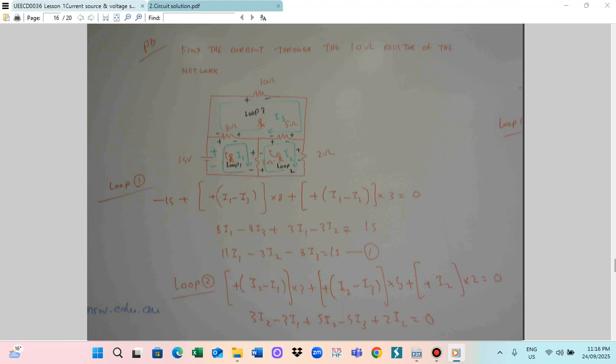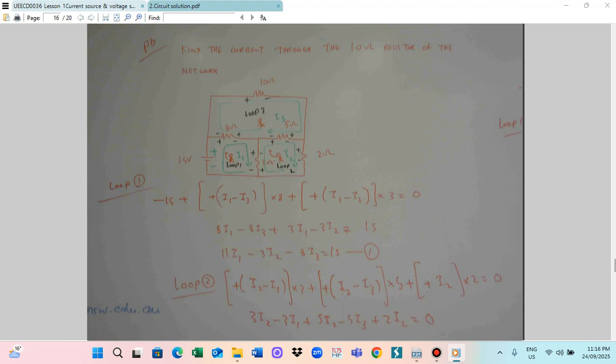Then you have to calculate for loop 2. For loop 2, the current direction: I2 belongs to loop 2, and for the 3 ohm resistor the I2 and I1 currents are flowing. So we assume that I2 is greater than I1, so that will be I2 minus I1. It faces a positive side, so write positive and multiply with 3. Plus, for the 5 ohm resistor, two currents are flowing, I2 and I3.